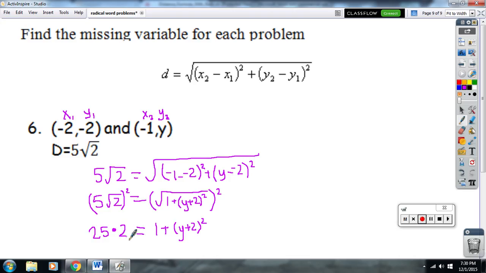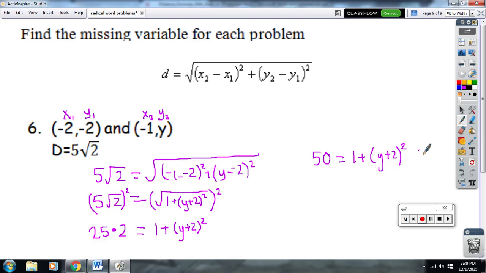You can also work it out where square root of 2 times square root of 2 is square root of 4. The square root of 4 is 2, so it simplifies to 2. And then 25 times 2 is 50. I'm going to write over here where I have more room. So now what we have left is 50 equals 1 plus y plus 2 all squared.